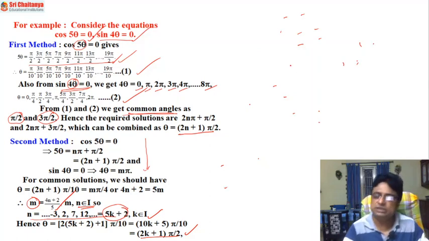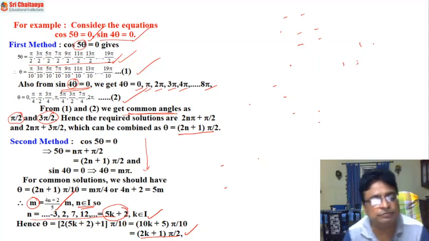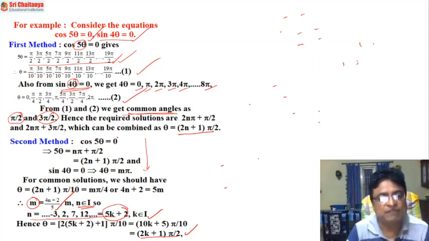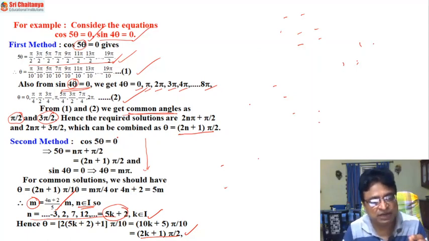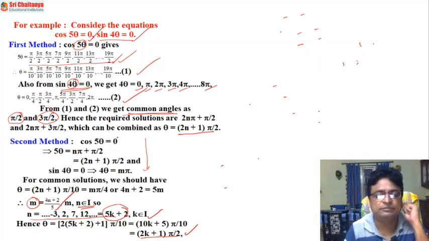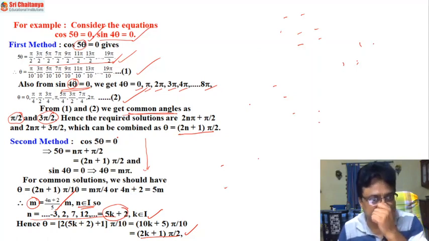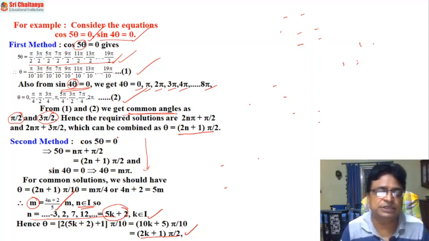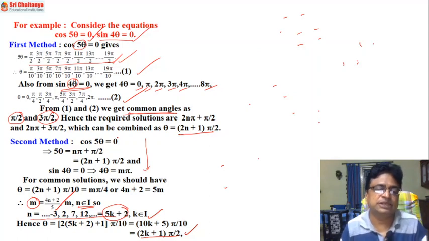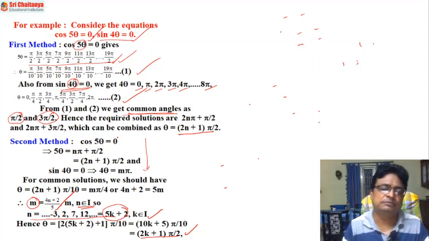Second method is solve equations 1 and 2 independently for n and m, and find the common values of m and n, so that the corresponding value of theta will give you the solution for the trigonometric equations under a single variable. So this is very, very important.